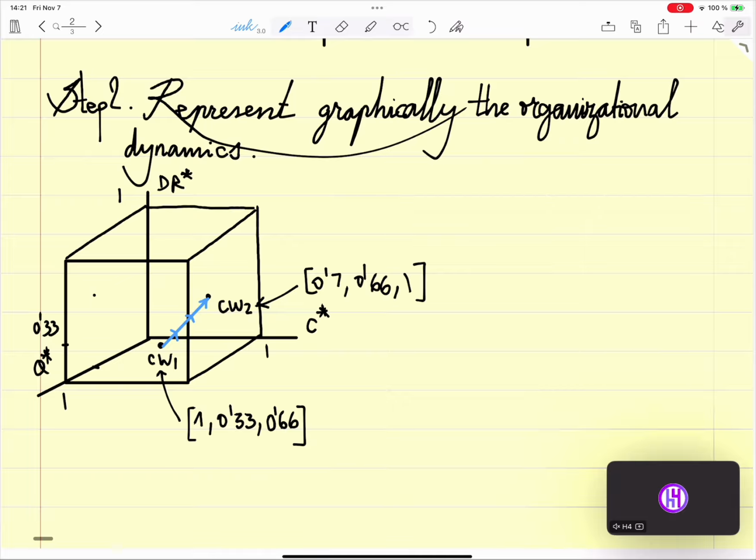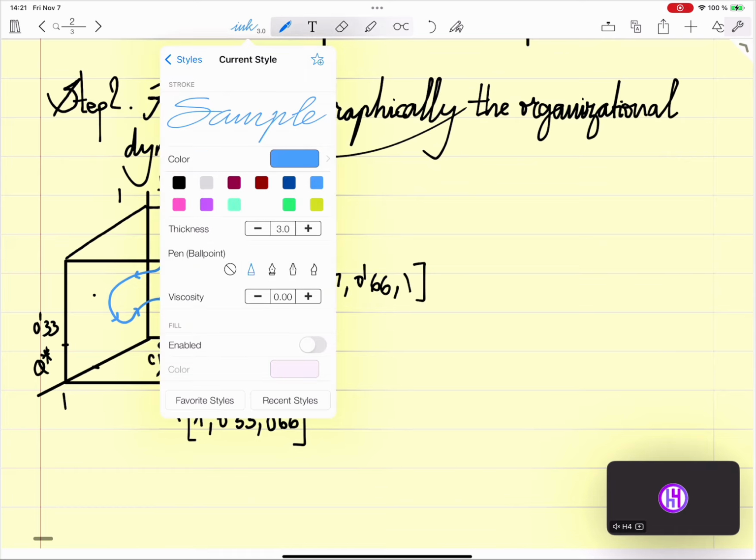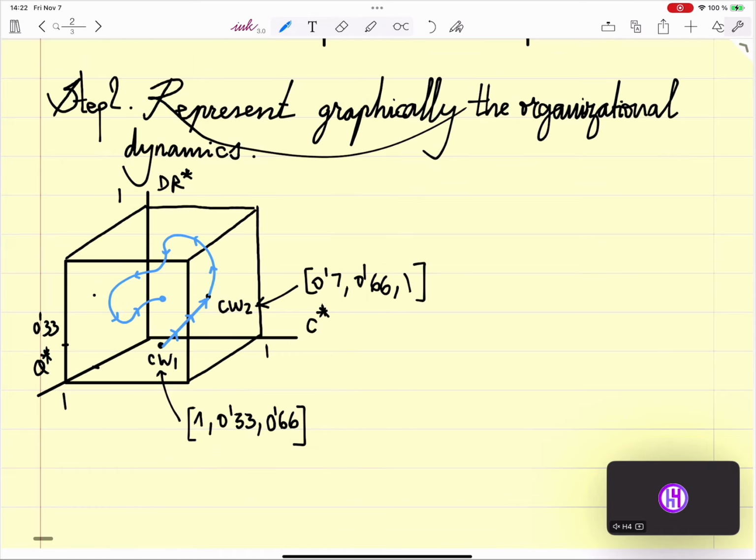We're going to project the curve that we are dealing with in the organization into the simplex plane, which is the plane in which all points add up to 1.